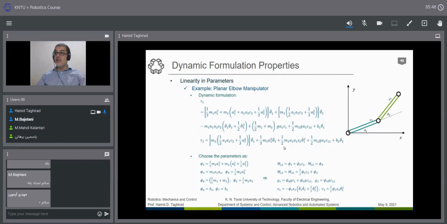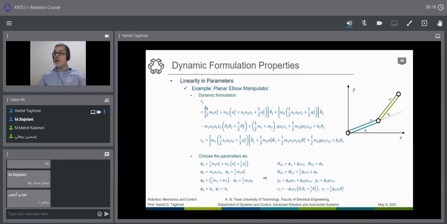And as you see, these equations are not linear with respect to Q, with respect to theta. You have sine of theta here, you have multiplication of theta 1, theta 2 in the equation, and so forth. But by inspection and some manipulation, we can reduce the number of parameters here. As I mentioned here, we have given you only 7 parameters.